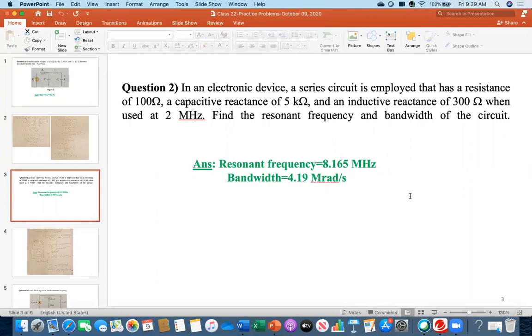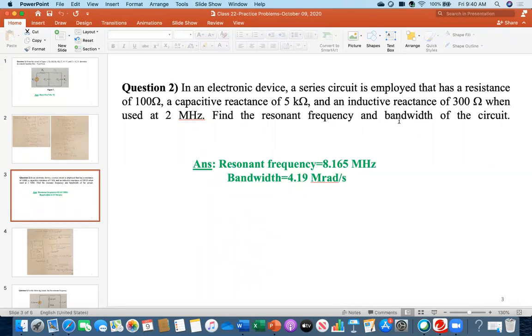In the class, a few classes back, we discussed both series resonance and parallel resonance. We had a series circuit and a parallel circuit. This is with regard to the series circuit. There are all three components: resistance, capacitance, inductance, and you find the resonant frequency and bandwidth. For bandwidth, you have to use the equation for the series circuit; for the parallel circuit, it is different.